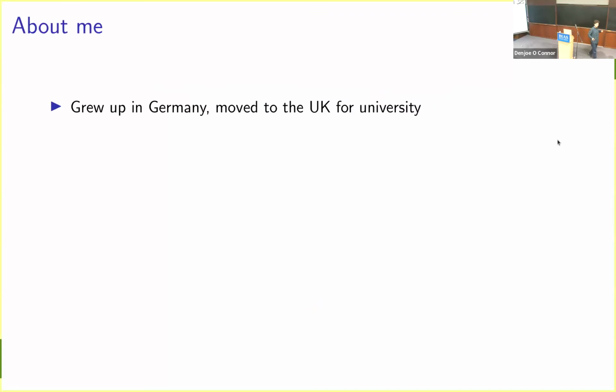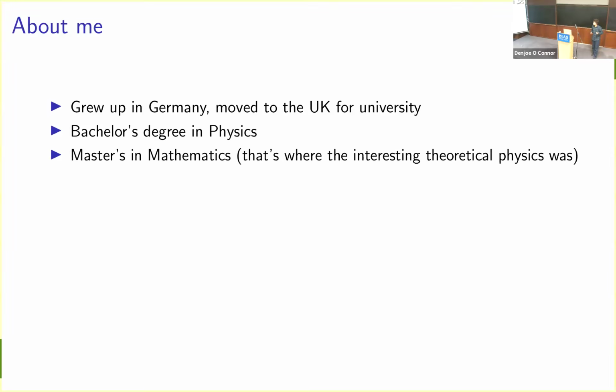First, some background about me. I grew up in Germany and then I moved to the UK for university, where I spent most of my adult life before recently moving to France. I did my undergrad in physics and then a master's in maths, because that's where it turned out all the interesting theoretical physics was being taught. Then I found out about quantum computing, and I thought, well, I know the physics side of the quantum.